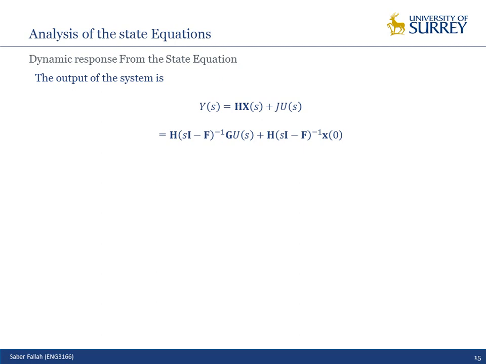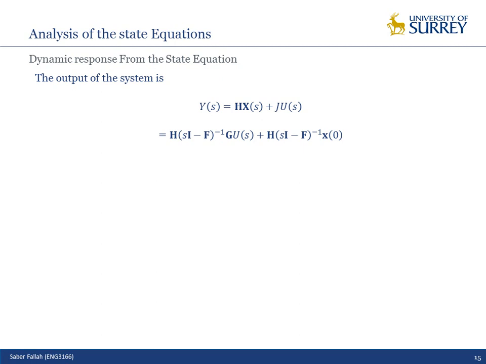That's the correct one. The transfer function is the ratio of output over input when all your initial conditions are 0.